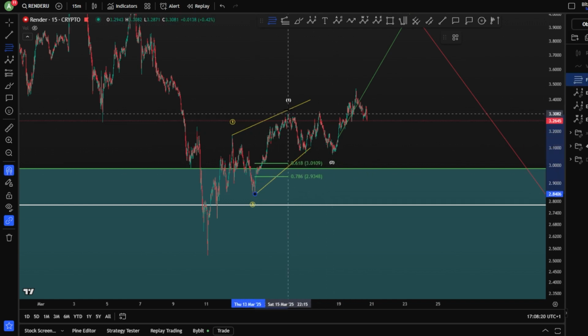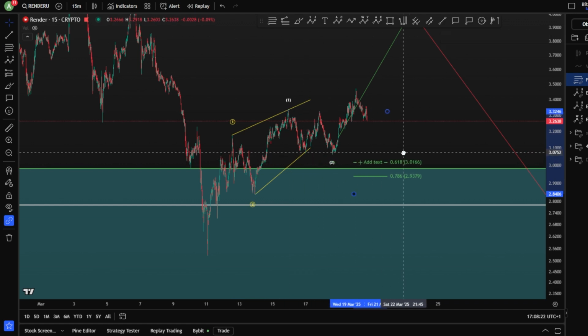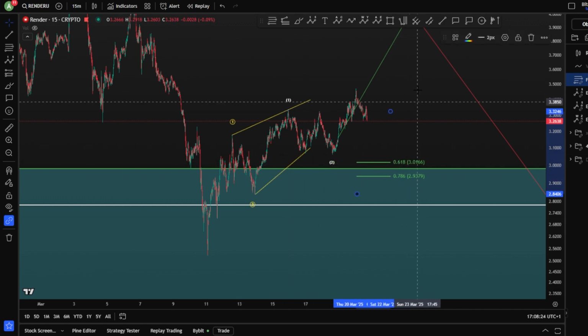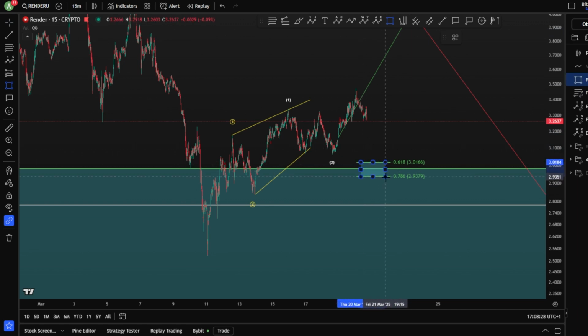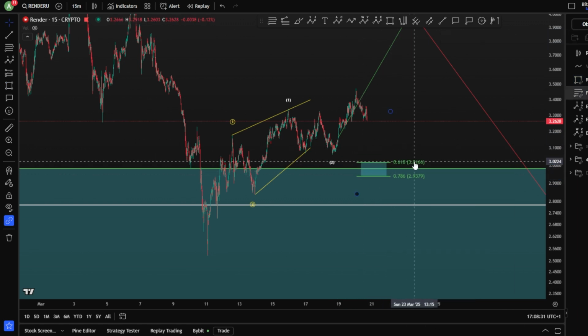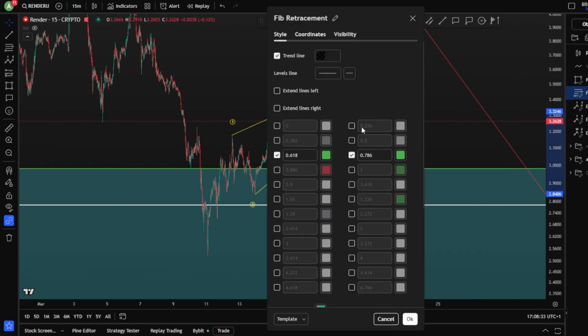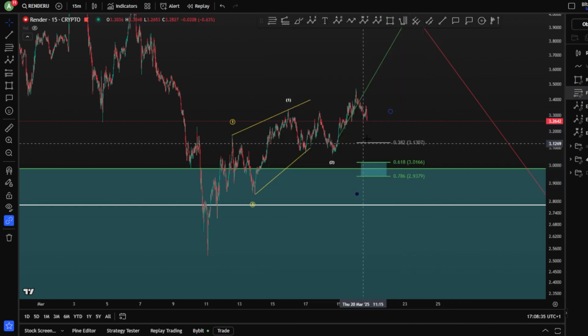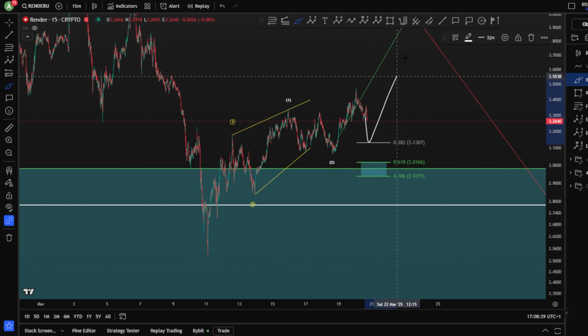We would like to get a wave 2 between this blue box, 0.618, 0.786. Don't forget that, of course, it is possible, even minimum requirement here, 0.38, that it can start from there, moving higher. Potentially, nobody knows, and then continuation higher.